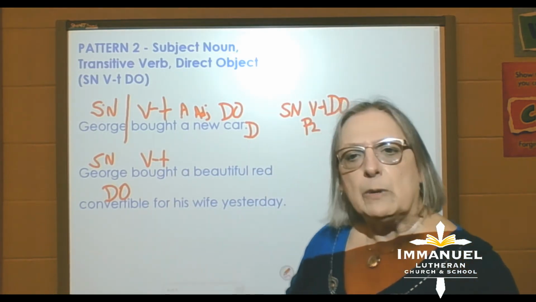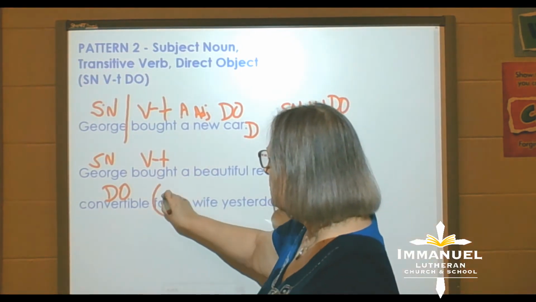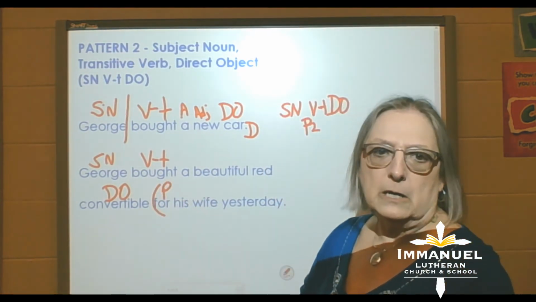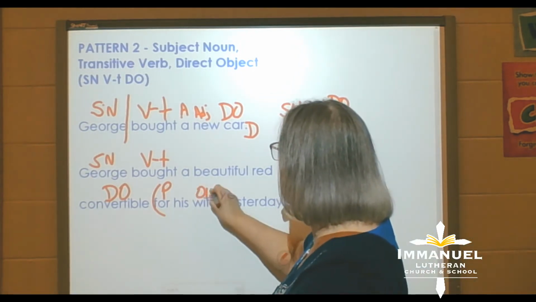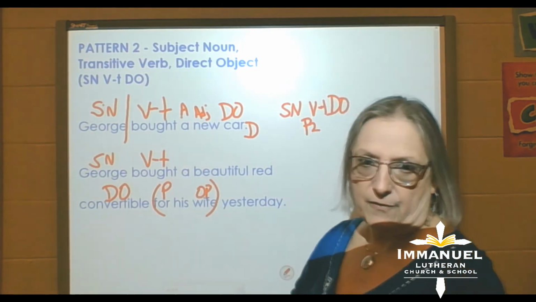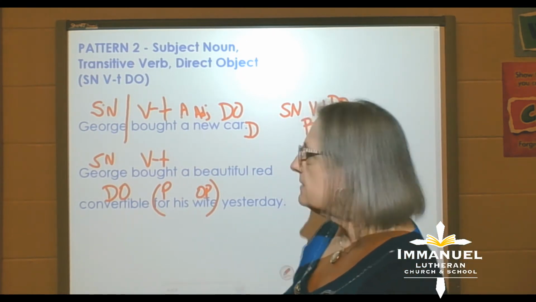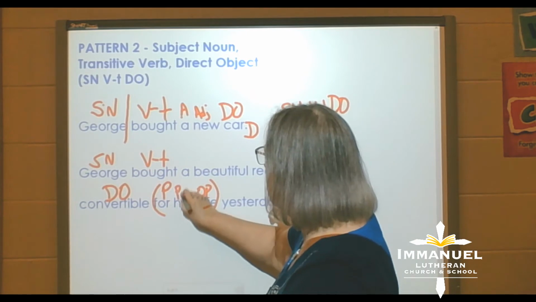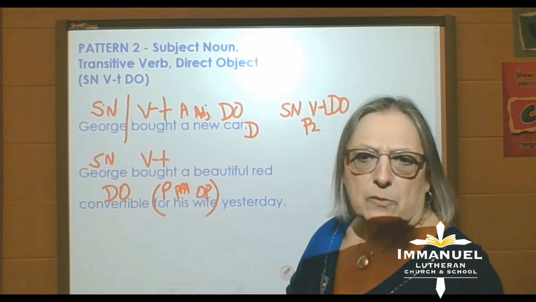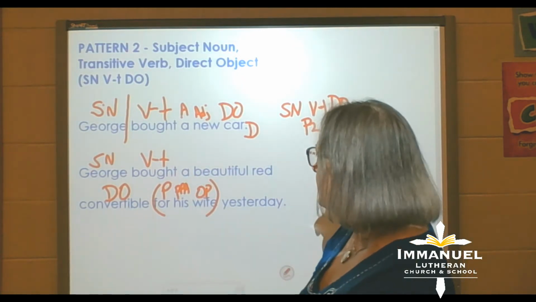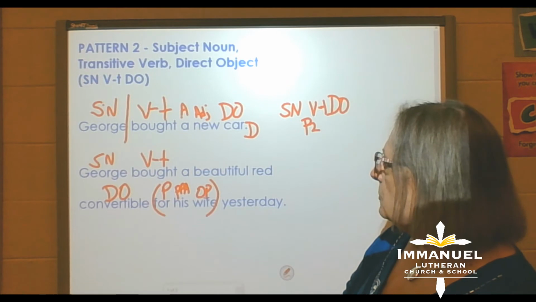Now let's see how we put some meat on the bones. For, preposition. For whom? Wife, object of a preposition. Whose wife? This is a special kind of adjective called a possessive pronoun adjective. And we learned that in maybe second or third grade, so no worries there. George bought a beautiful red convertible.